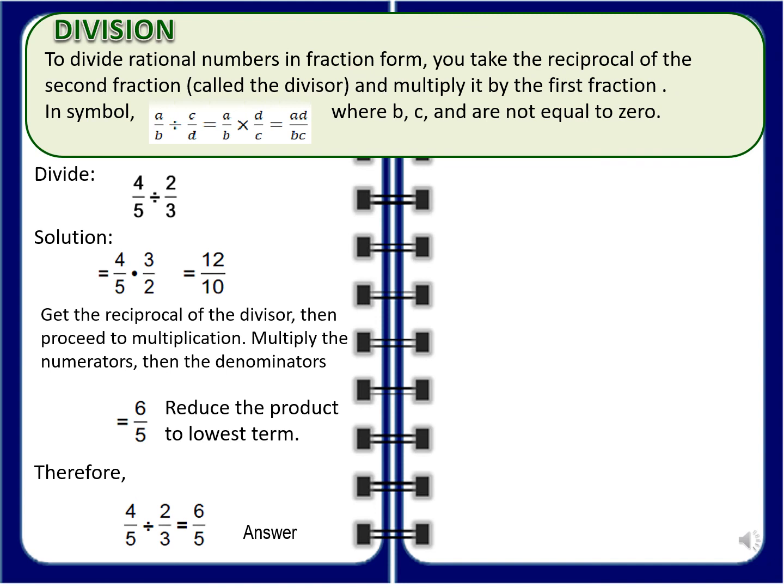Therefore, 4 over 5 times 3 over 2 is equal to 12 over 10, which is reduced to lowest term and becomes 6 over 5. Therefore, 4 over 5 divided by 2 over 3 is equal to 6 over 5.